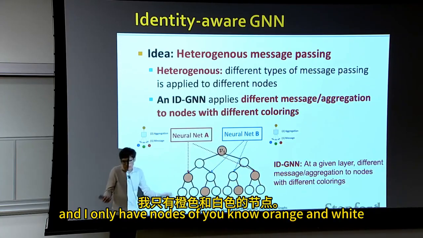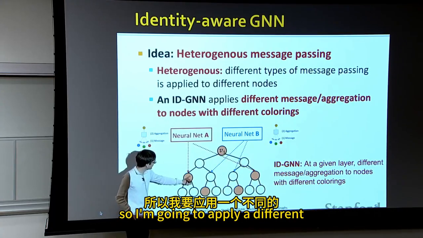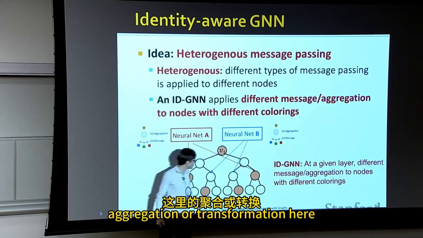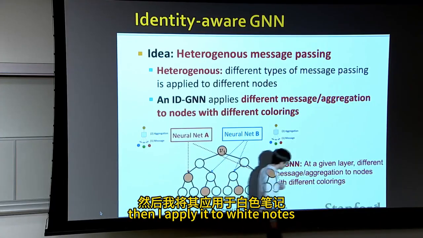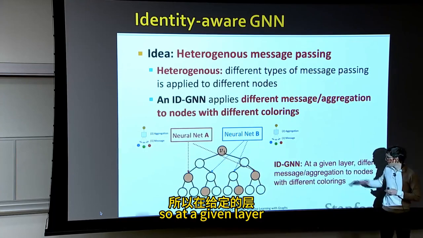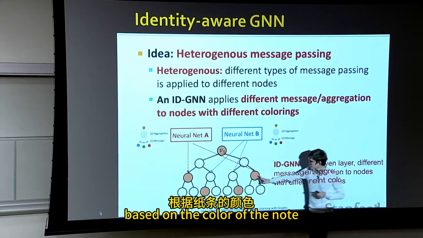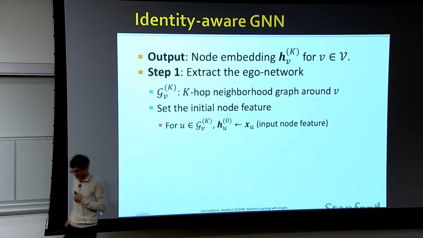I only have nodes that are orange and white, but that's already good, right? So I'm going to apply a different aggregation or transformation here than I apply to white nodes. So at a given layer, different message aggregations are applied based on the color of the node.